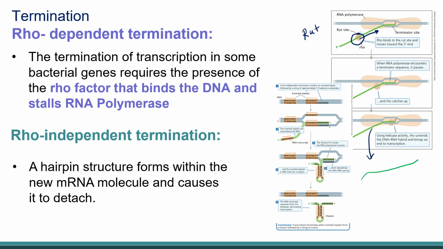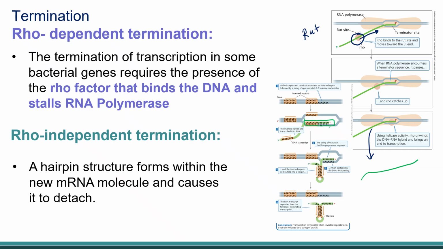The second type of termination is called rho-independent termination. Now, this one is not based on any factor that binds to the messenger RNA. Instead, it depends on the structure of the messenger RNA itself. The way that this one works is that a region is transcribed onto the messenger RNA that has complementary repeats.